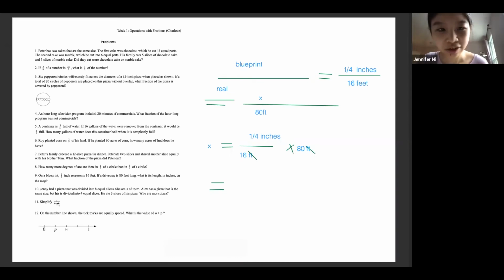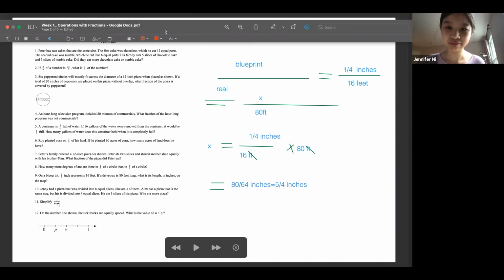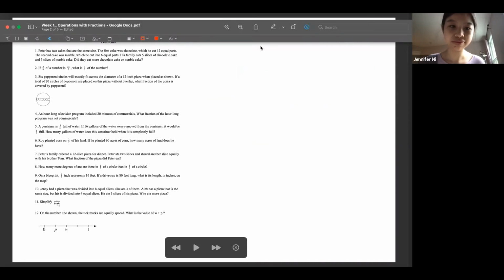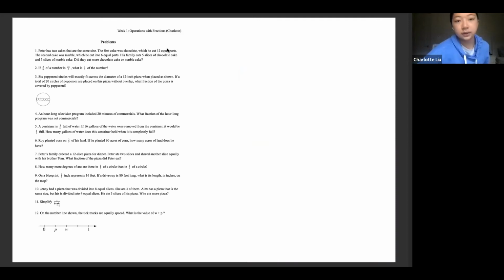And then you're left with 80 over 64, which equals 5 over 4 inches. Okay, so yeah, that method also works.